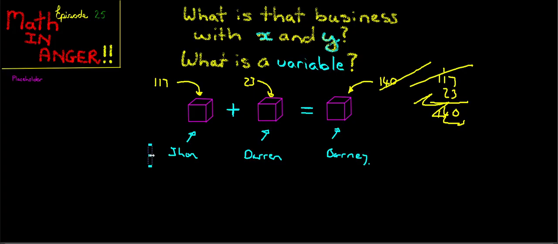Now take a look at what happens when I do this. That's exactly what these things are. They are just names for these boxes. The box is called a variable.